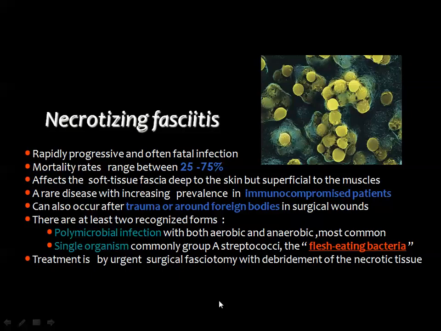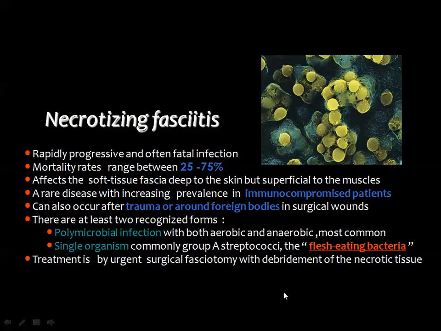samples for culture. And finally, we have some words about necrotizing fasciitis, which is a progressive and often fatal infection of the soft tissues of the neck with a considerably high mortality rate ranging from 25 to 75%.